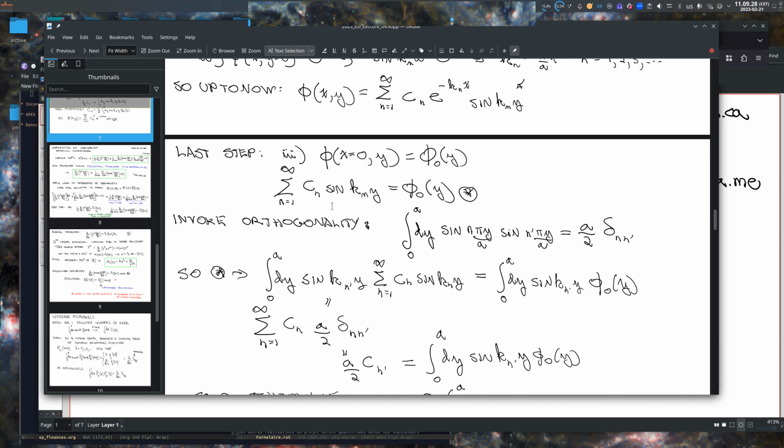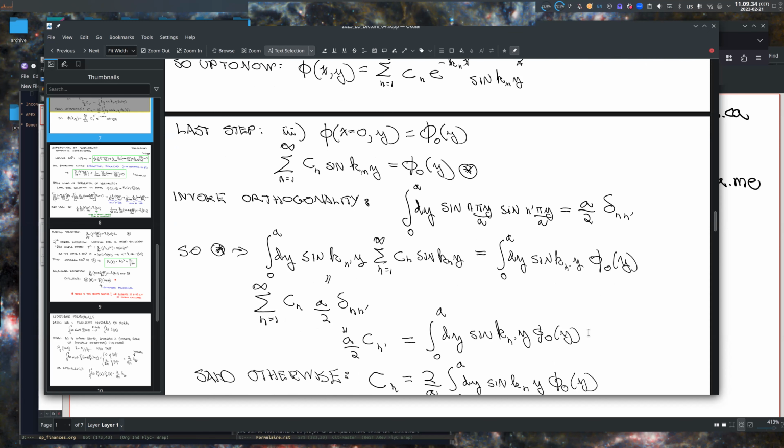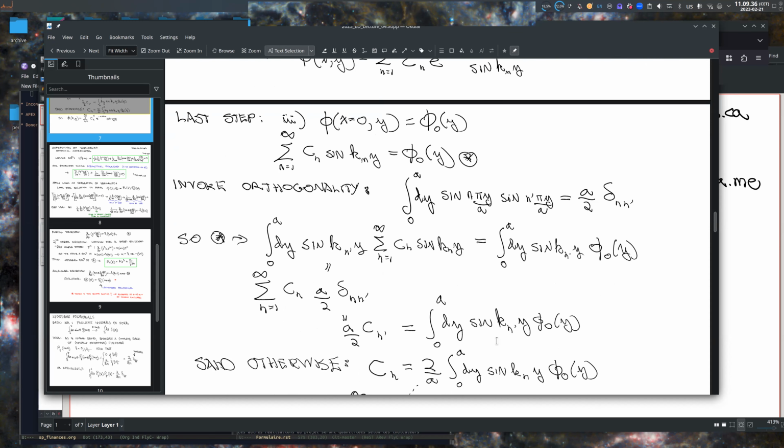On the right-hand side, I do exactly the same operations, and I am left with an integral of my original source function phi 0 of y, which I don't know, but which I presume given, and a totally well-defined integral of this weighing function with integration over this interval. So this is computable.